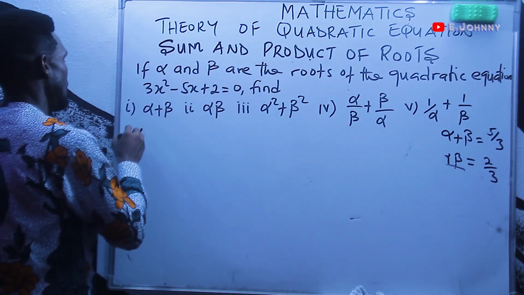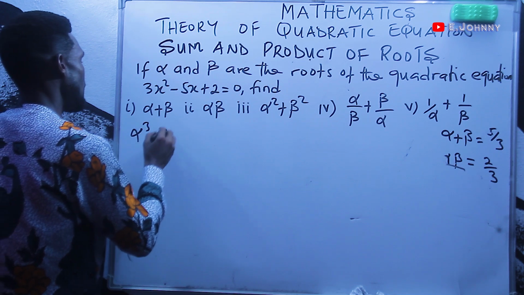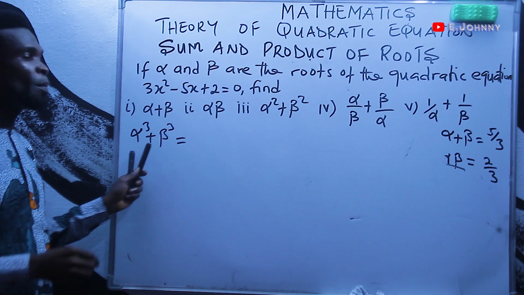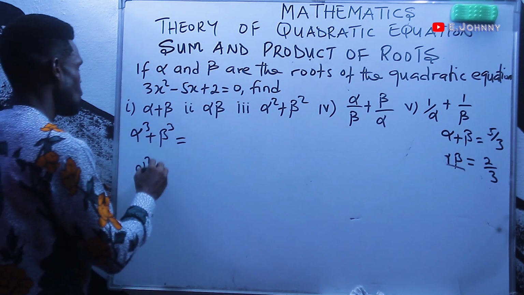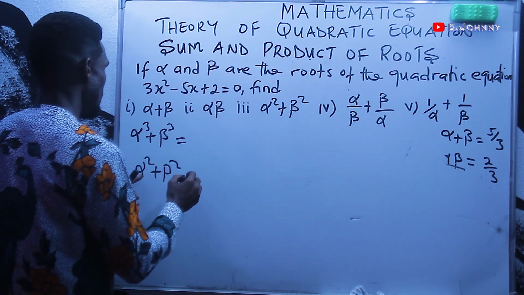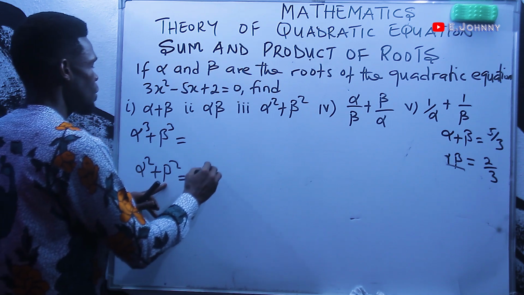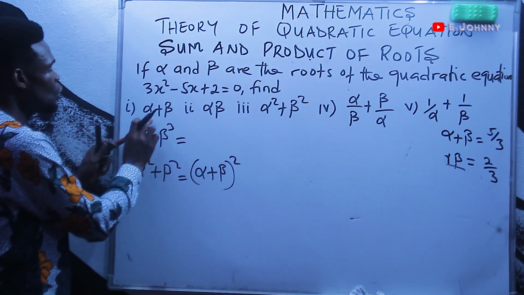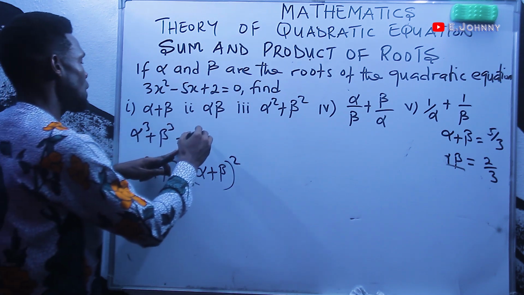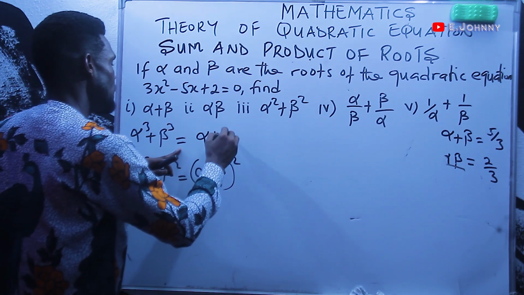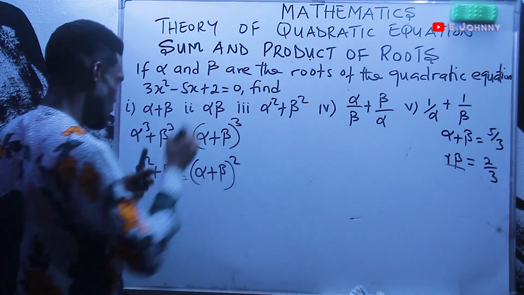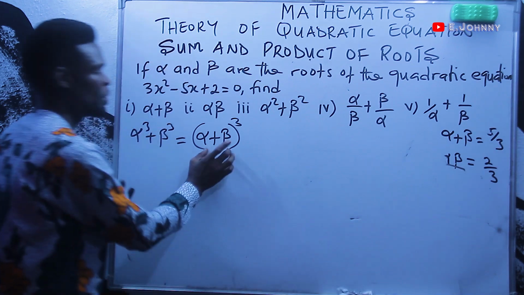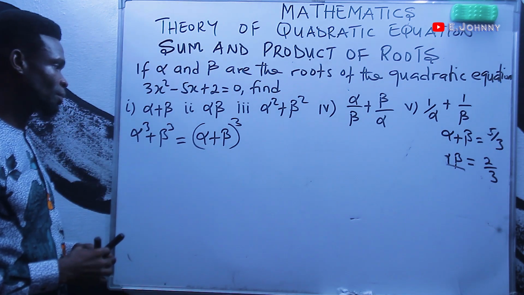Alpha cube plus beta cube is equal to, now remember when we had alpha square plus beta square, I will write this as alpha plus beta raised to power 2. So in alpha cube plus beta cube, I'm going to write it as alpha plus beta raised to power 3. Good. So my job now is to expand this.